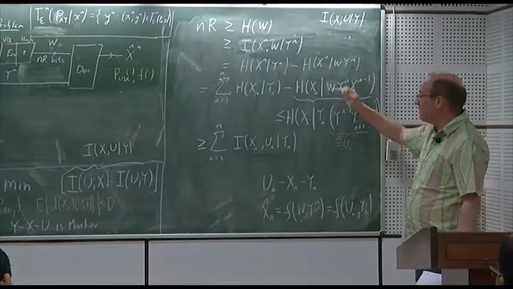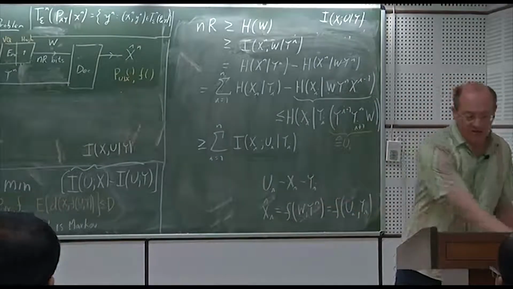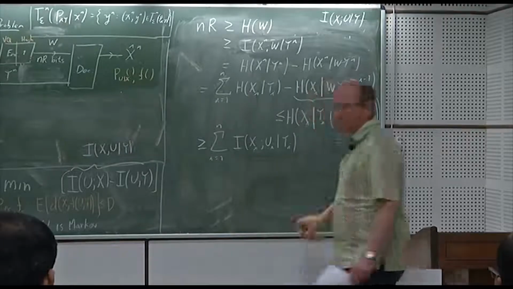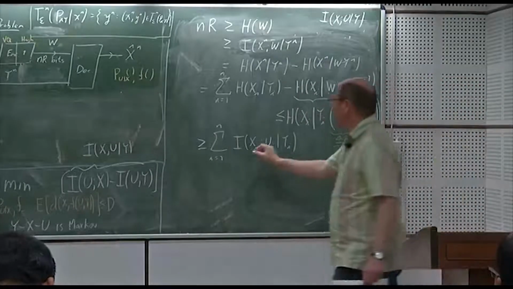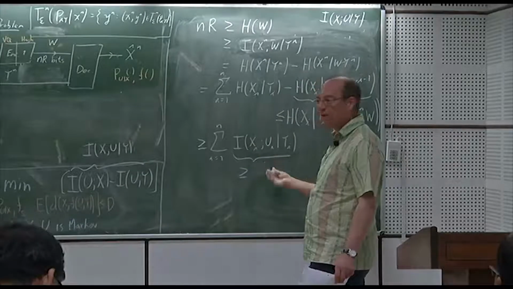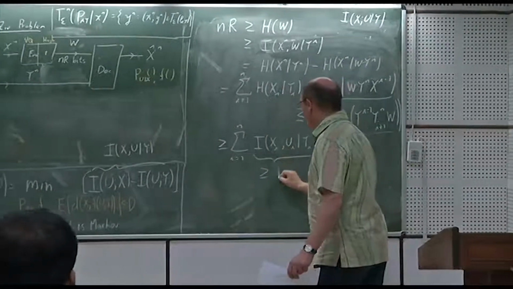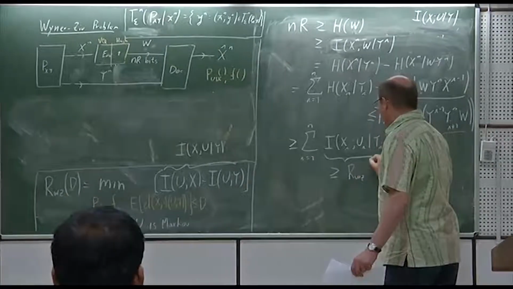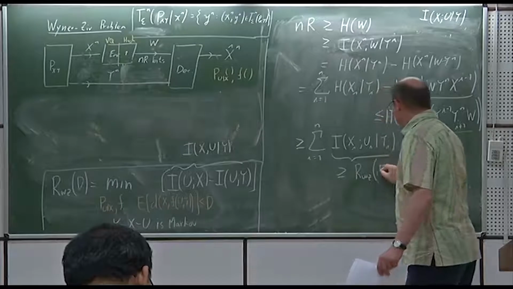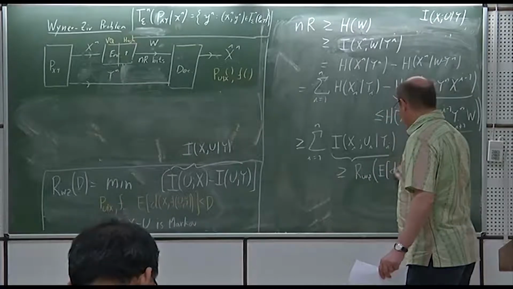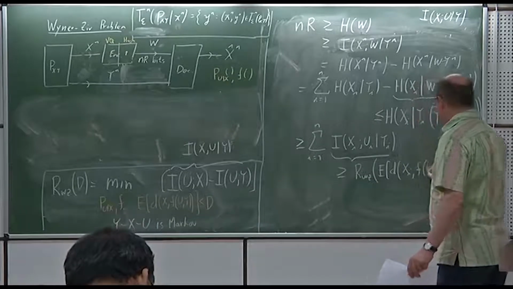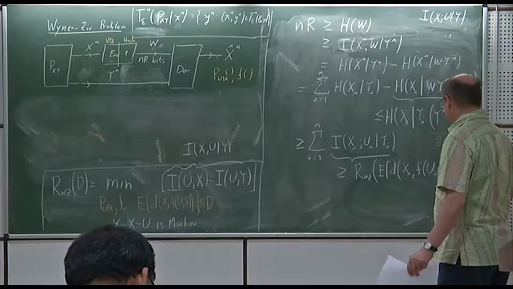Matches 1-to-1. So since I have that, and I've checked that now, for all i this is true, then I can right away say, aha, this is bigger than the minimum possible such value given all those constraints. So this is bigger than our Wyner-Ziv of the distortion at that point, d of xi, f of ui, yi.